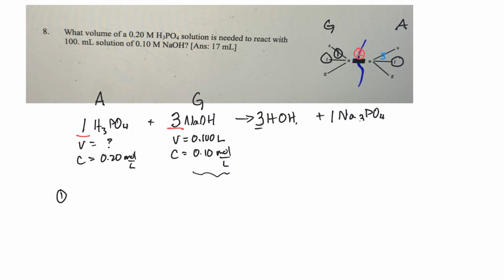So step number 1, I'm going to take the concentration and volume of sodium hydroxide and convert it to moles of sodium hydroxide. The formula I use is this one. I need to solve for n, so I'll multiply both sides by V. That'll give me moles equal to C times V. The concentration is 0.10 moles per liter times the volume 0.100 liters.